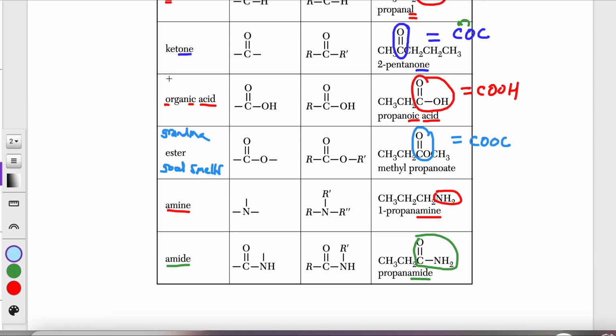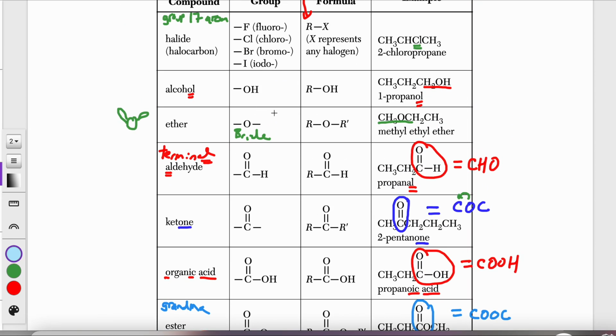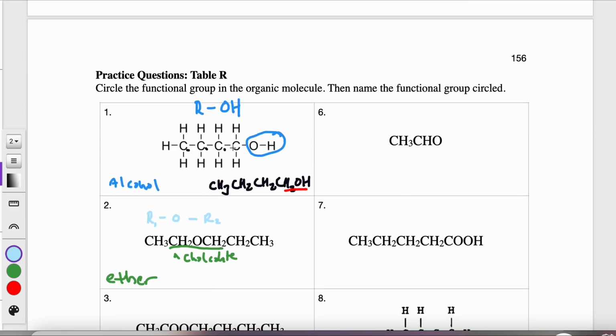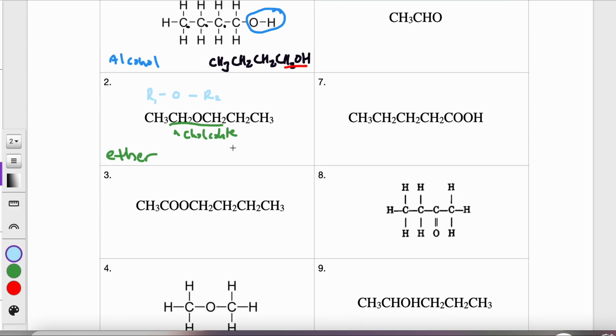When I go up here with what I need to circle, this is the functional group. So in that actual structure right here, if I was asked to circle it, I have to just circle that oxygen. So I underline the sequence so I know it's an ether, then I can figure out what I need to circle as the functional group.